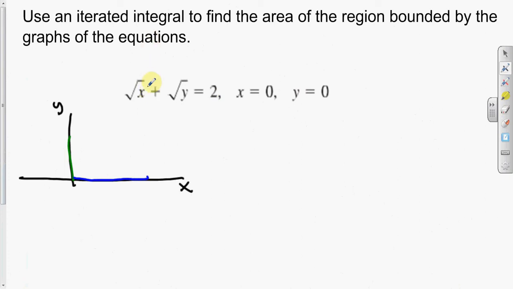So say I don't know, but I use my tools that I've learned from calculus. So I'm going to get the square root of y by itself. This is 2 minus the square root of x. Square both sides. I get y is equal to 2 minus the square root of x, to be squared.